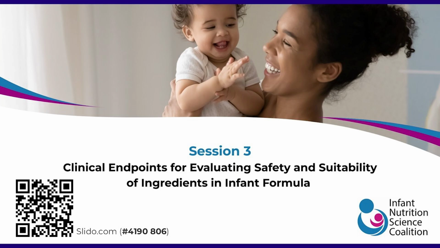And part of where we got to with that is that the current frameworks that we have, the decision trees from the past papers like the IOM model, were not sufficiently specific for what we need to help guide studies going forward.